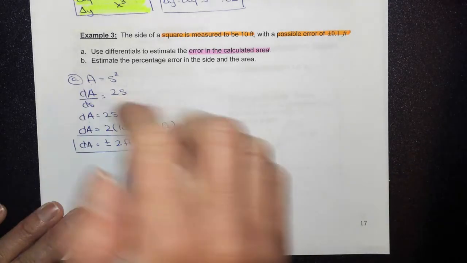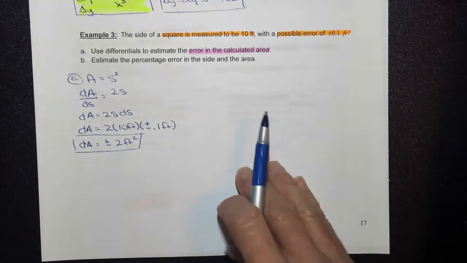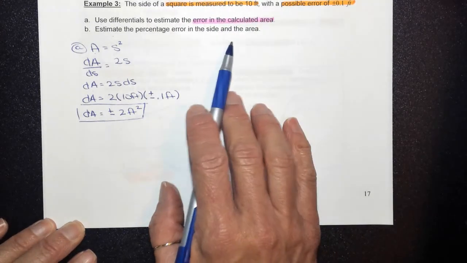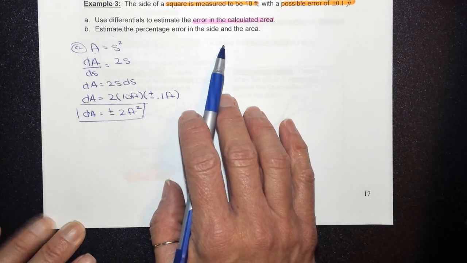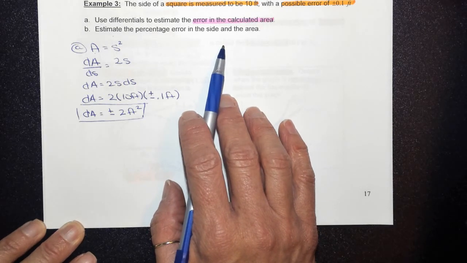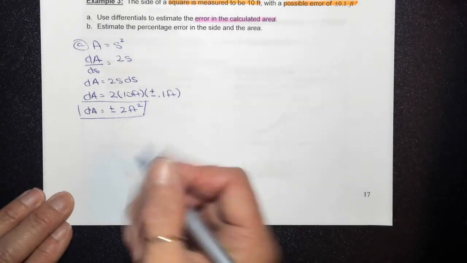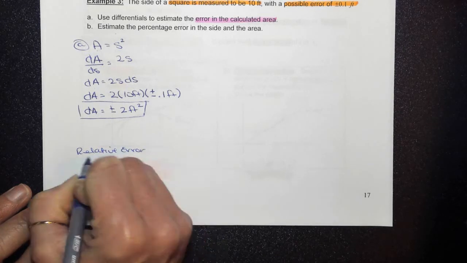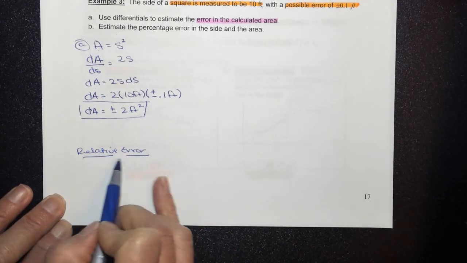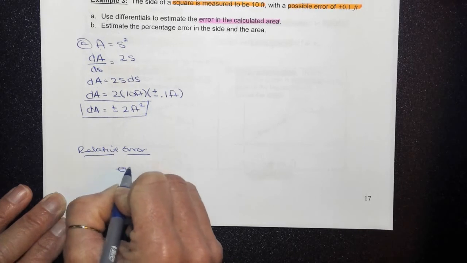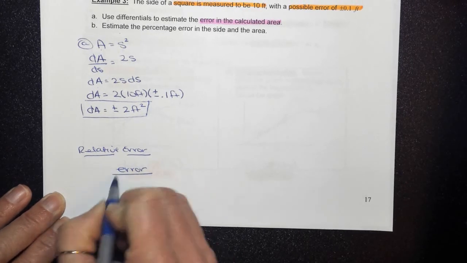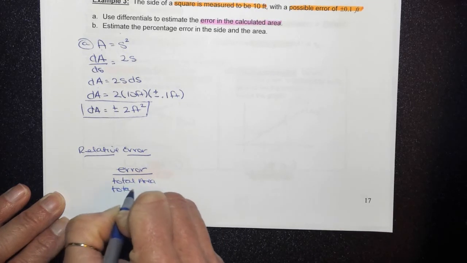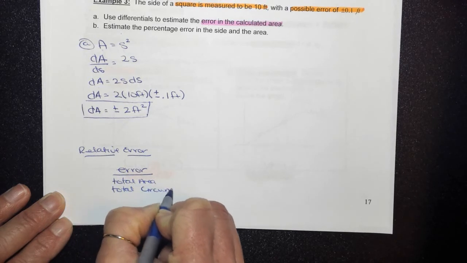In part B, it says estimate the percentage error in the side and the area. So there are two problems here. What we need to understand is that we need to determine the relative error. For those of us who don't know or have forgotten, relative error is the error divided by either the total area or the total length.